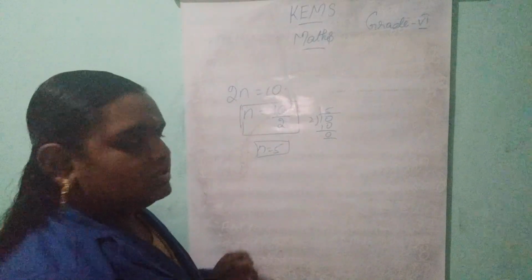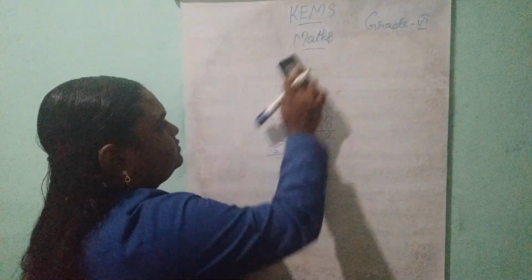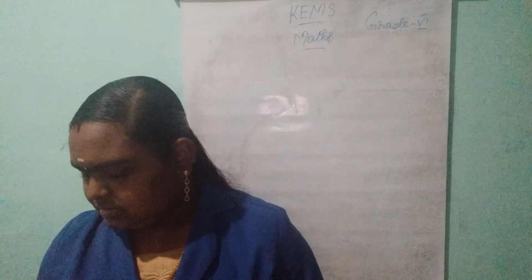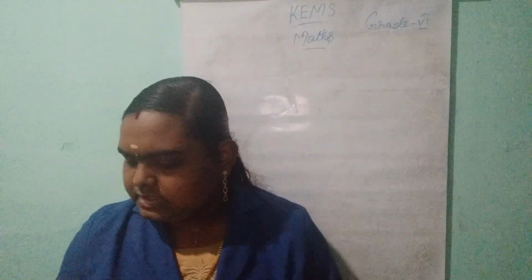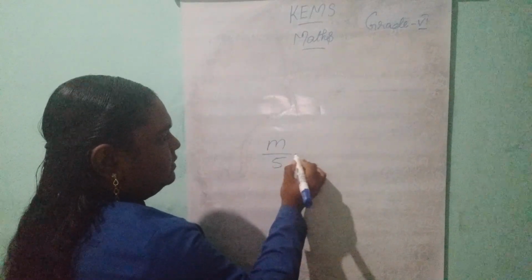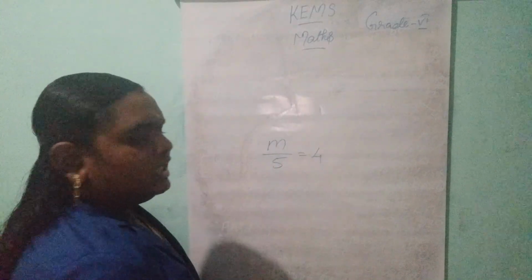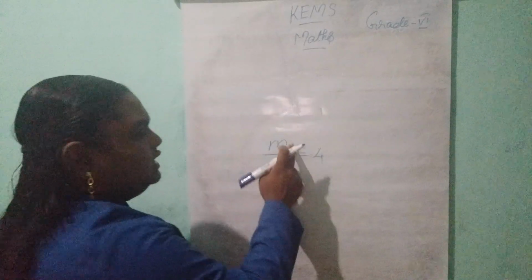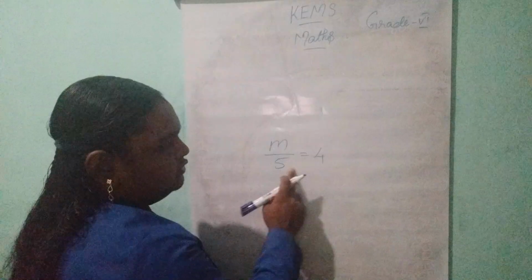Okay. So this is the method for finding the value of x. Okay. If it is having m divided by 5, I already told you multiplication will be changed into division. Division will be changed into multiplication. So m divided by 5 is equal to 4.